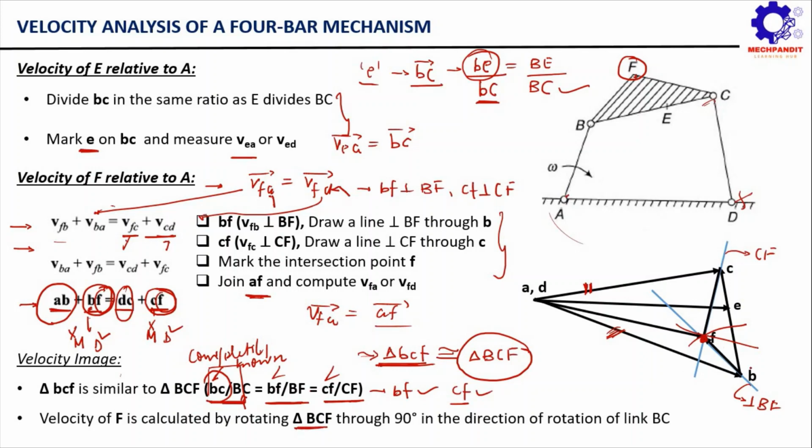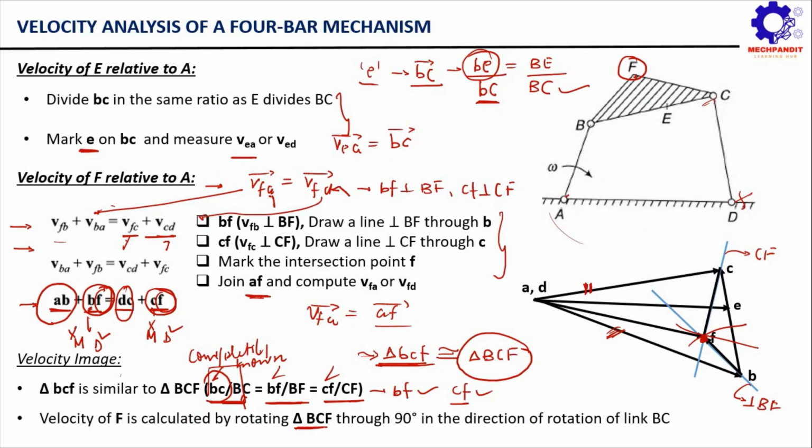We know that this side BC in the vector diagram will be perpendicular to BC in the configuration diagram, this side BF in the vector diagram will be perpendicular to BF, and the side CF in the vector diagram will be perpendicular to capital CF in the configuration diagram. So obviously the sides BC, CF and BF in the vector diagram are all perpendicular to the sides BC, CF and BF in the configuration diagram.